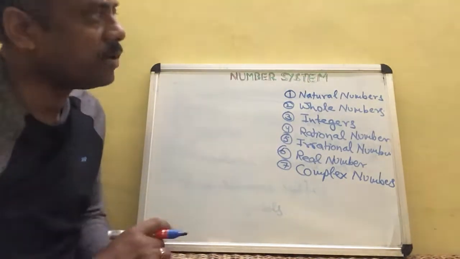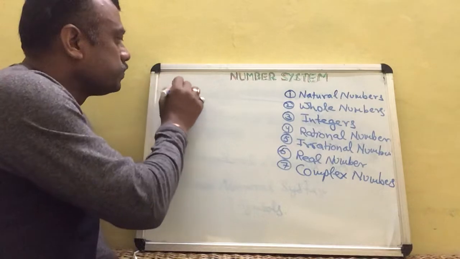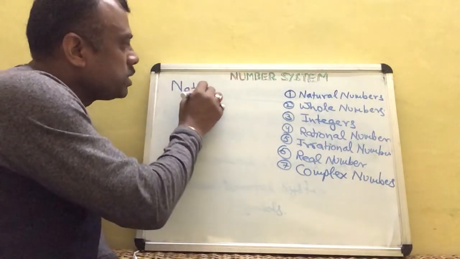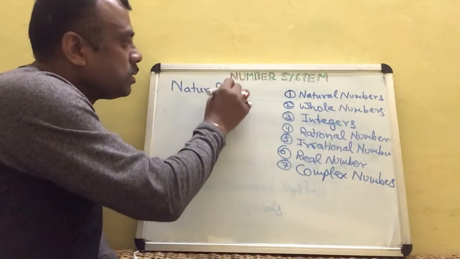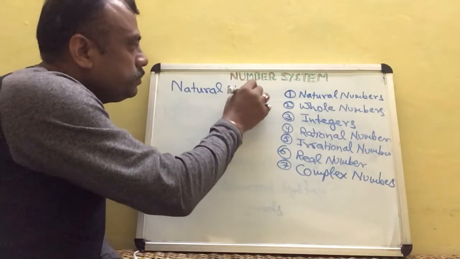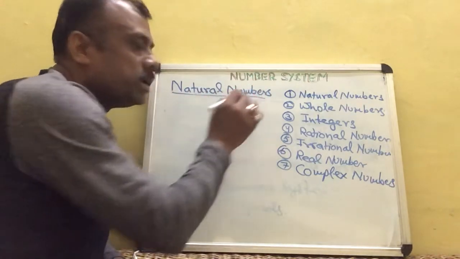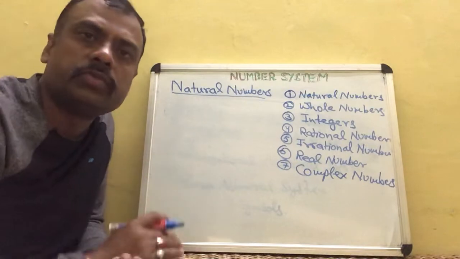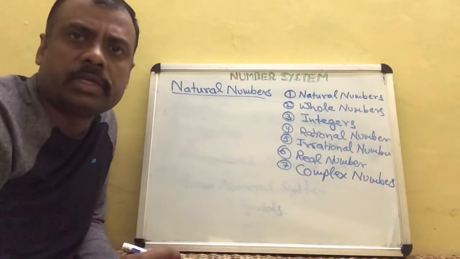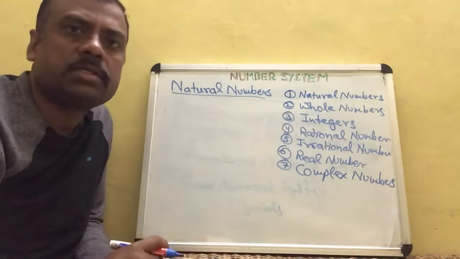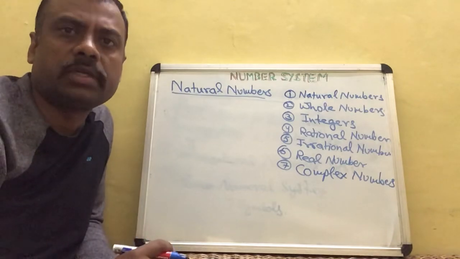First, let us look at the natural number system. The natural number system is nothing but our counting numbers, which we use naturally, because this number system came naturally.